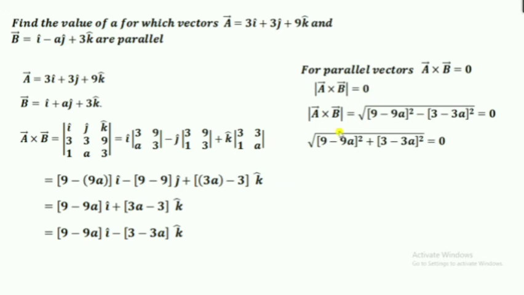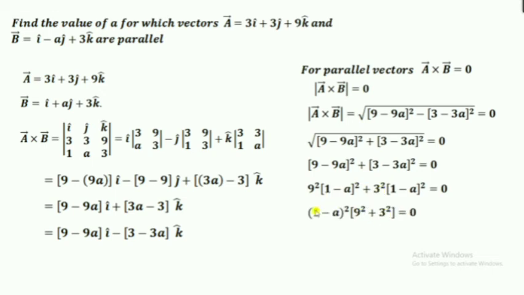Now I'll take the root away. I'll take 9 common from here, 3 common from here. So I can take 1 minus A square common again. So if you take this to the denominator, you will get 1 minus A square is equal to 0.